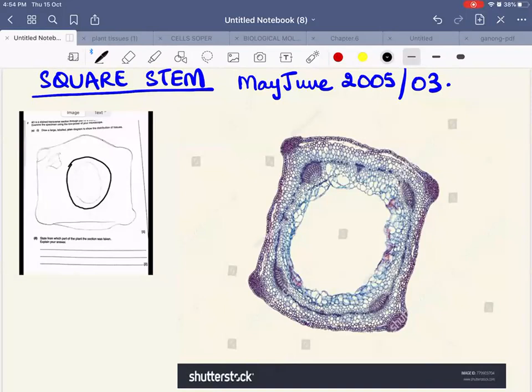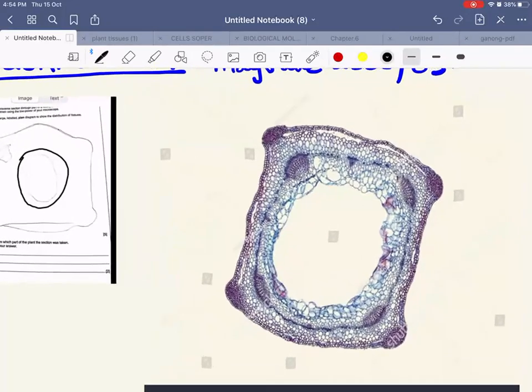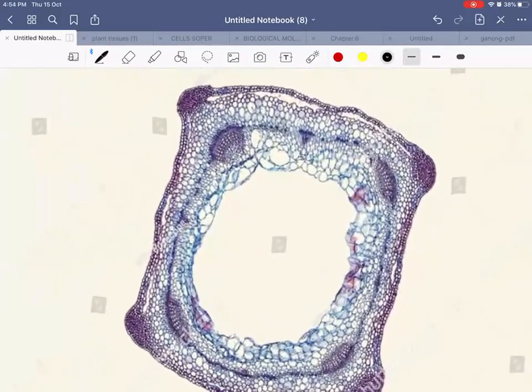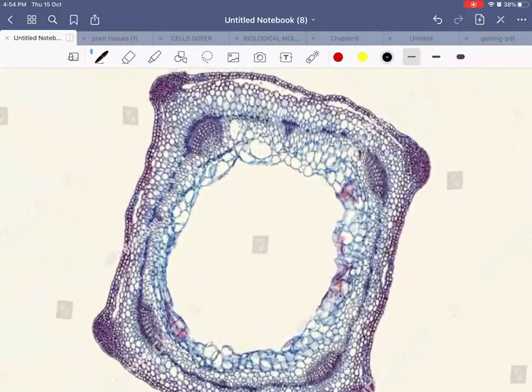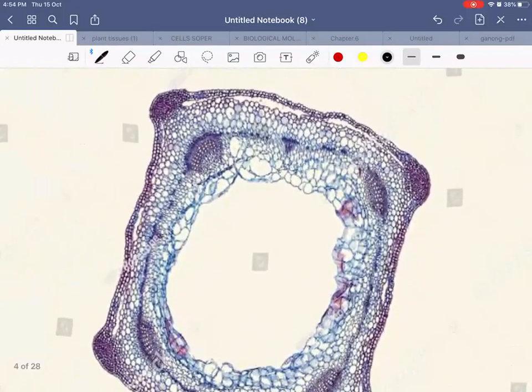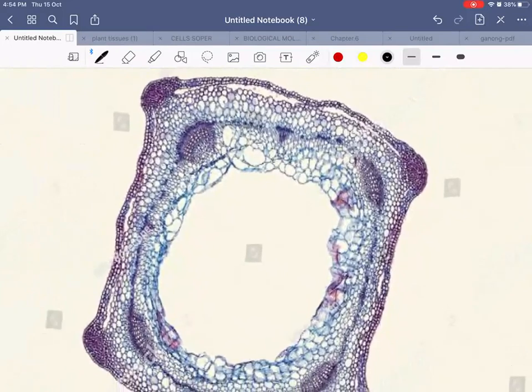You can see that although many plants are dicots, it's not necessary that every dicot stem looks the same as another dicot stem. There are different species of plants and their transverse sections also look different. Now, if I look at this stained transverse section, I'm zooming into it so that all of you can see very clearly. At a glance, I can say that this is a stem.